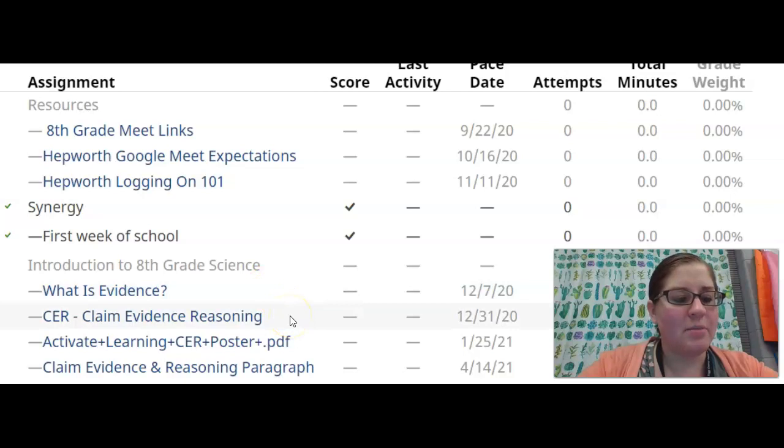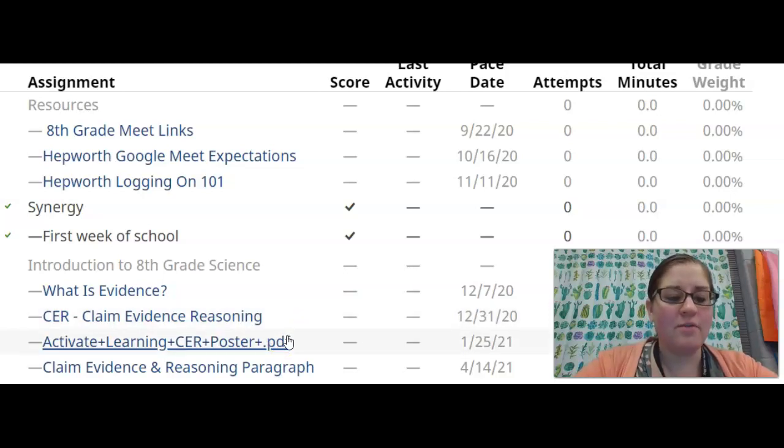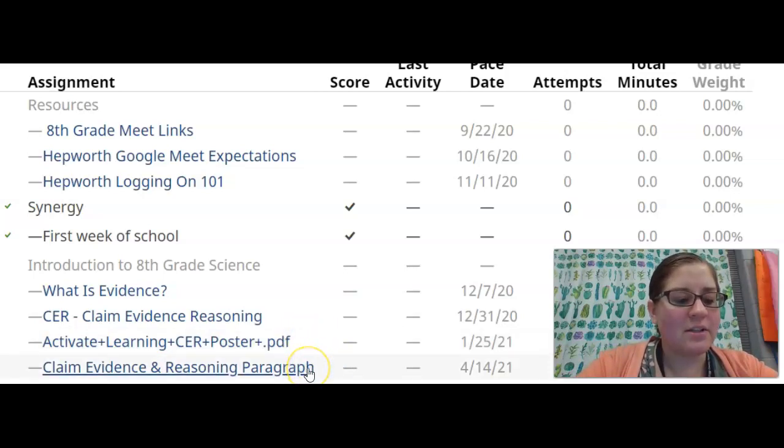Underneath that, it is another video that further explains what a claim statement is, what evidence is, and what is reasoning. Then this is just an infographic that condenses down that information and talks about claim evidence and reasoning. That's what I shared in class. And then the last piece is the actual assignment. So let's look at that.